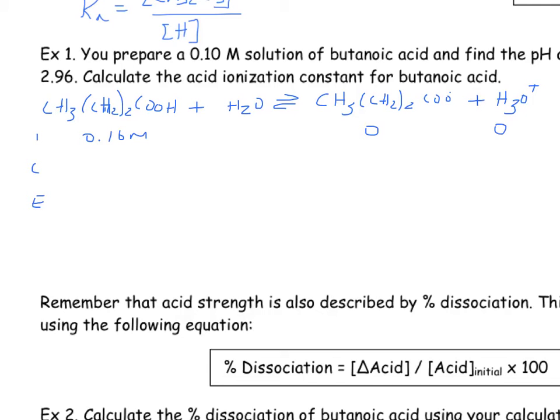I can find the concentration of hydronium at equilibrium by using the pH. To find the hydronium concentration, I would use the equation 10 to the minus pH. That gives me 0.0011 mole per liter.